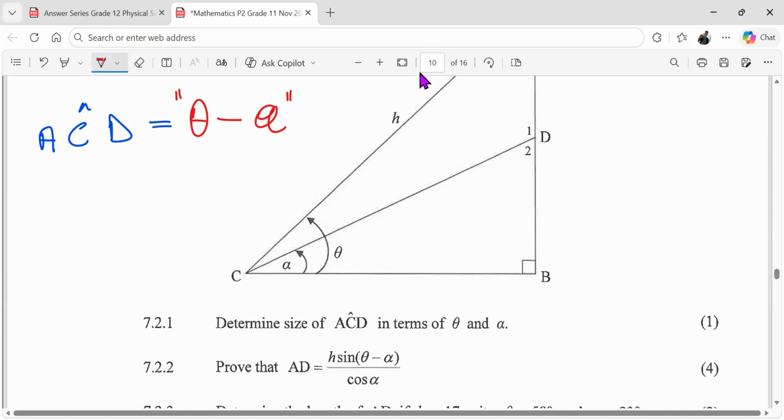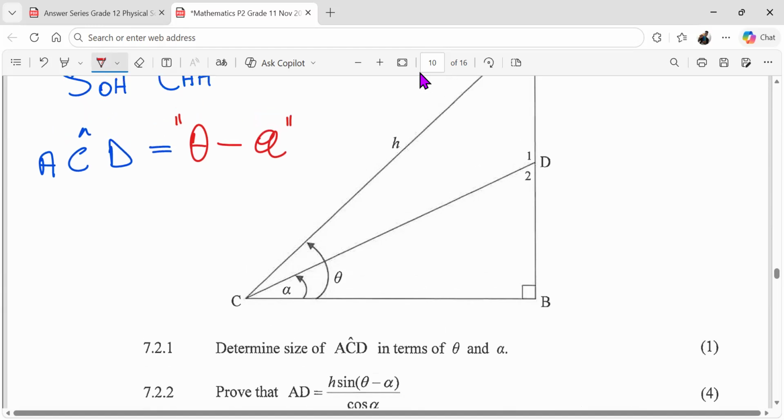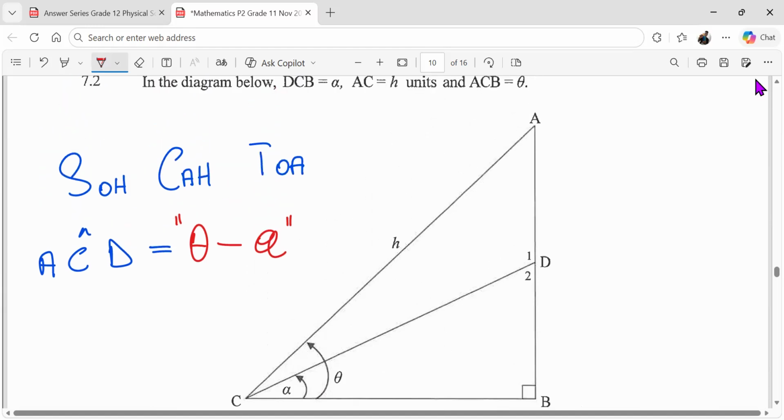Well, that's what they say to us. Now, where is this AD? And I said to you yesterday, take these questions lightly in a very simple way: instead of proving that AD is that, take it as if they're asking you to find the length of AD.